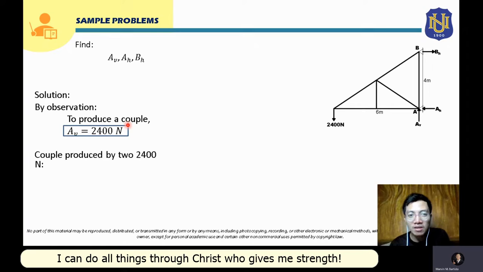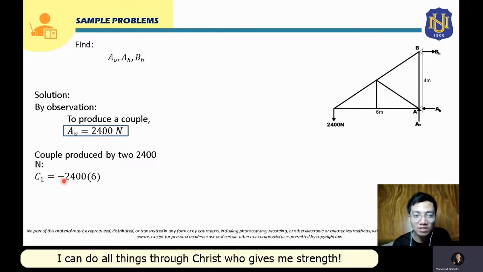Now, the couple that will be produced by the 2,400 Newton force and AV, which is also equal to 2,400 Newton, will just be equal to F times D. Your F will be 2,400, and your distance D here will be 6 meters. The rotation of this couple will be counterclockwise, right?